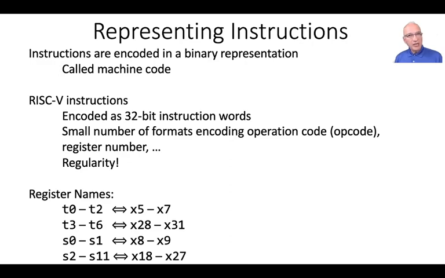The register names in RISC-V, we name them from T0 to T6, but note that T0 to T2 are in X5 to X7, T3 to T6 are in X28 to X31, S0 to S1 are in X8 to X9, and S2 to S11 are in X18 to X27.